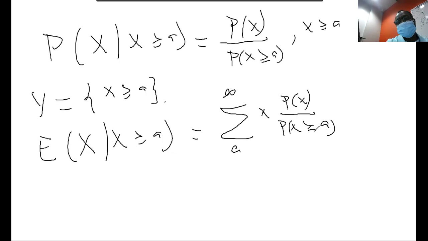Now I'll ask you a question which you should find out. You should know this one from your notes. What is P of X greater than or equal to a?